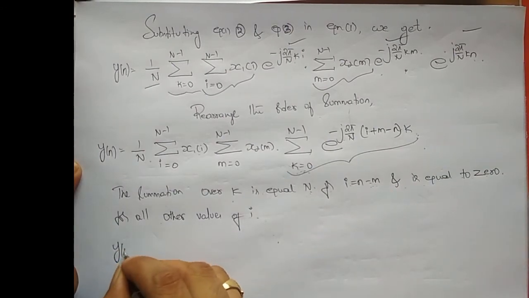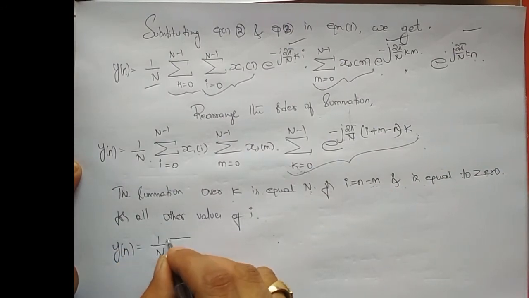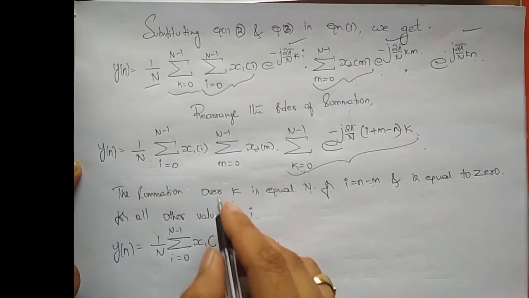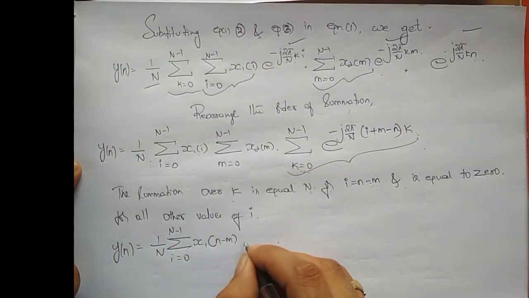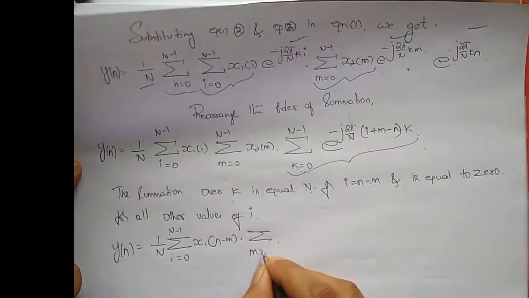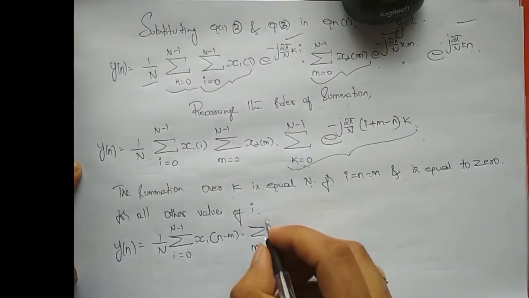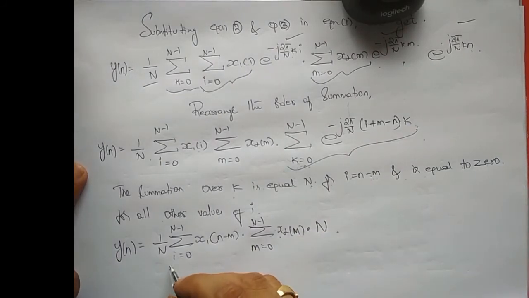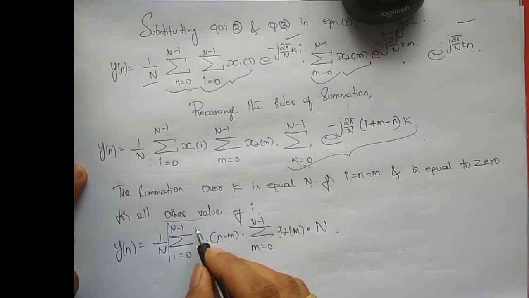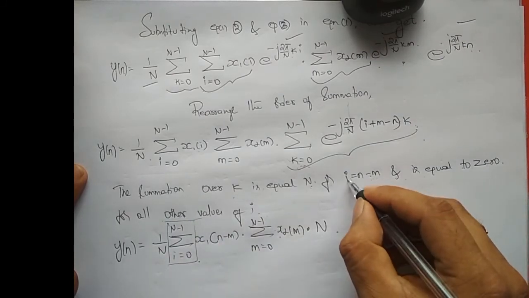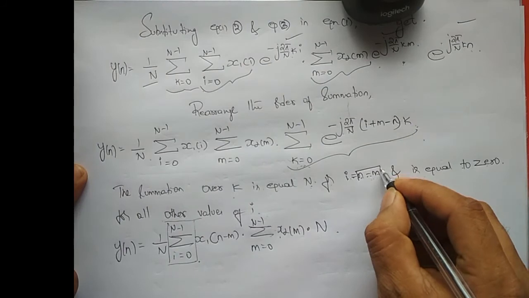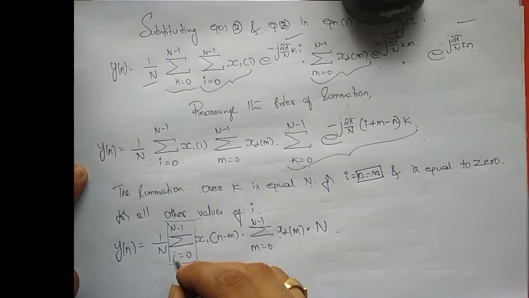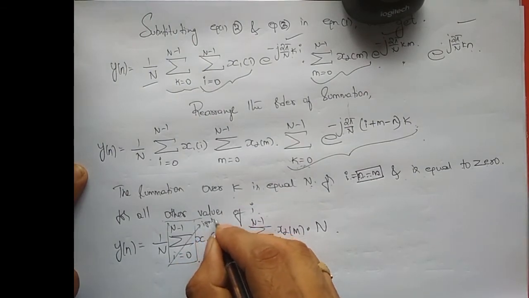So y of n is equal to 1 by N into summation I varying from 0 to N minus 1 of x1 of I, summation m varying from 0 to N minus 1 of x2 of m, into N. Now this summation over I does not make any sense, because I am taking only one value of I, which is N minus m, so I can ignore this.